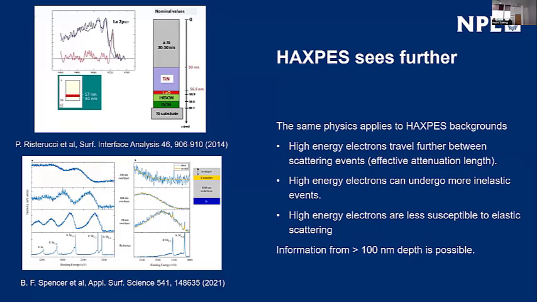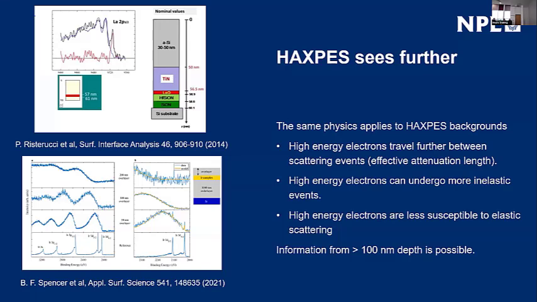But I just wanted to say that HAXPES has a lot of advantages in this regard because the peak energies are higher, they're more widely separated, there's more energy to lose, so you can see very deeply indeed if you look at background shapes. And this is an example that I really like because I was involved in the work.